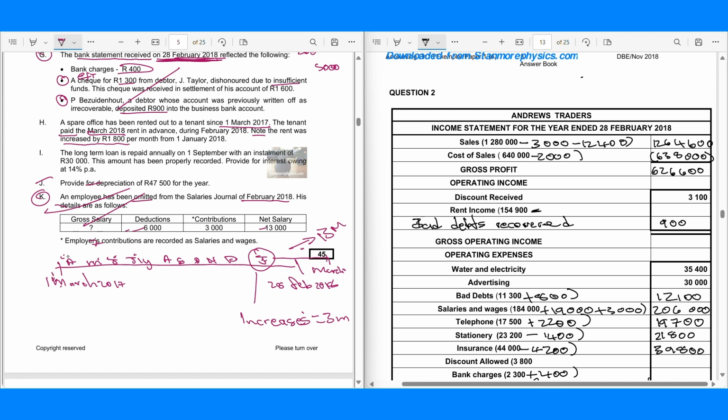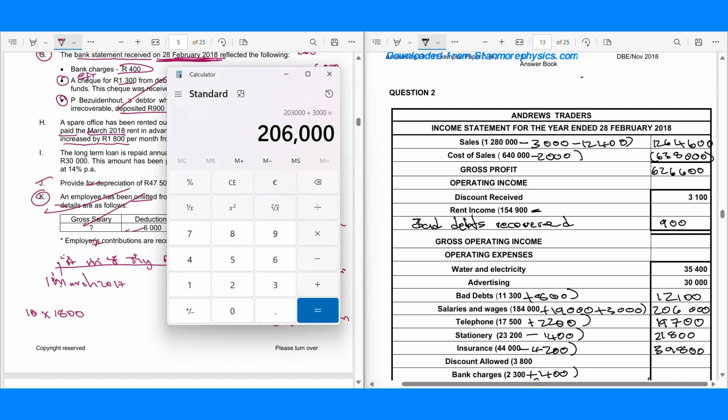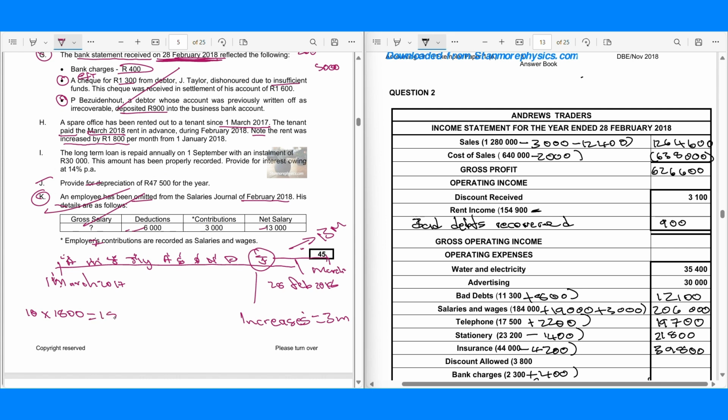How many months are there? 1, 2, 3, 4, 5, 6, 7, 8, 9, 10. This is 10. You're going to multiply by that increment. How much is the increment? The increment is 1,800. So 1,800 multiplied by 10, you're going to get 18,000. This is the rent before increase. So now let's do this.